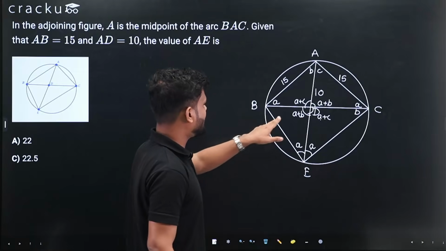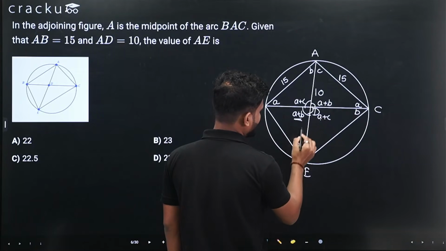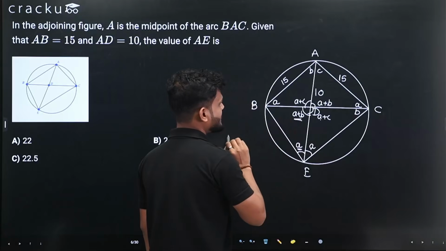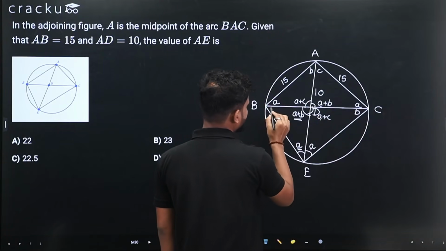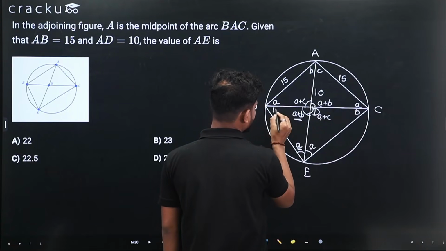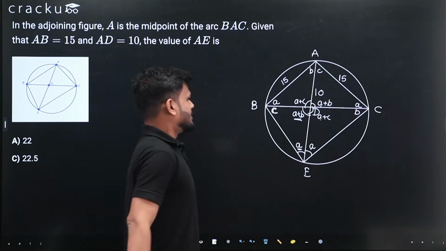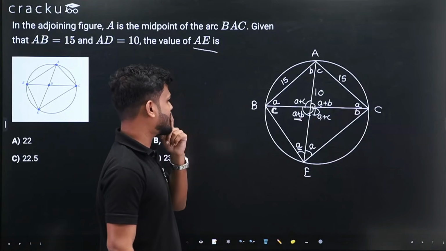Now if we look in this triangle, A plus B plus A plus something is 180, but here also A plus B, A and C is 180. So this angle will be C. Correct? Now we have to find the length of AE.